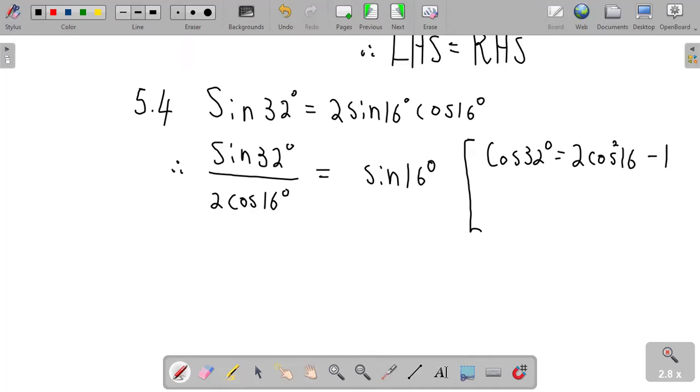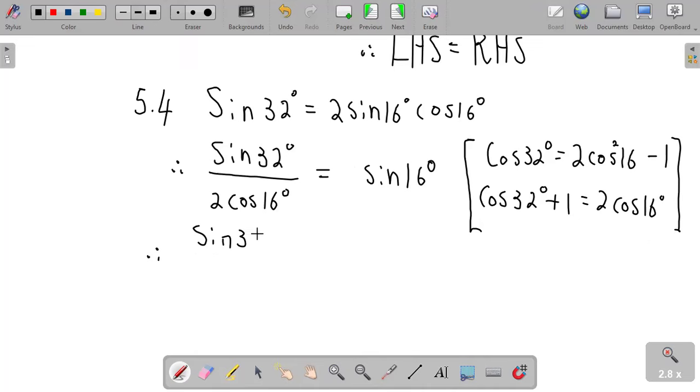So it means that cos 32 degrees plus 1 is equal to 2 cos squared 16 degrees.